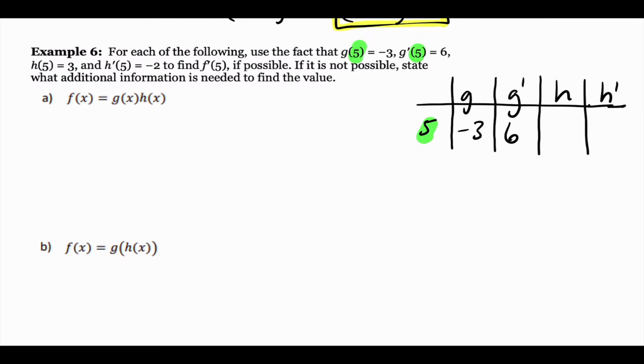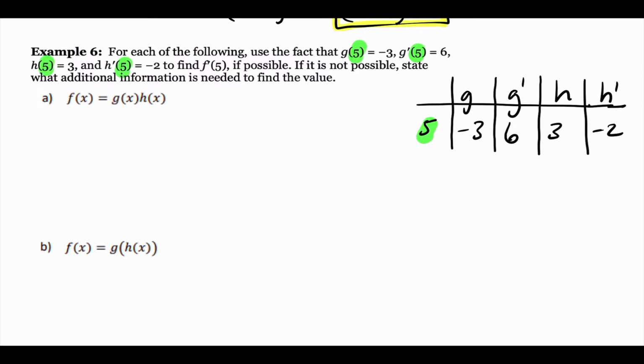When I plug in 5 to h, I get 3. And when I plug in 5 to h prime, the derivative of h, I get -2. Essentially it's saying the same thing as the prompt, but it's a little more clear.